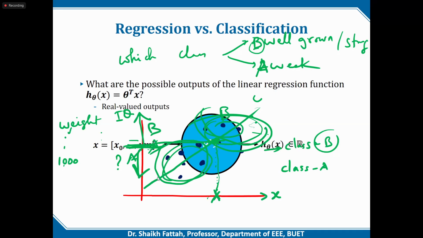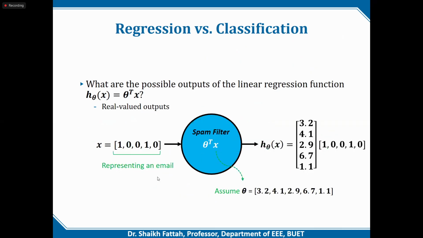So you follow the same regression analysis. After that, you can reach your final decision. That's the trick. You follow the same regression analysis, then make a threshold and give the final result.